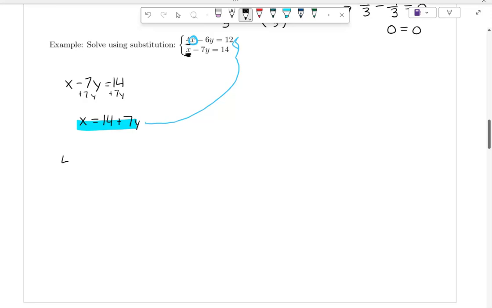And we'll get 4 times 14 plus 7y minus 6y equals 12. Then what we'll do is we'll use distributive property to multiply in and then add coefficients. So you guys can go ahead and do that.